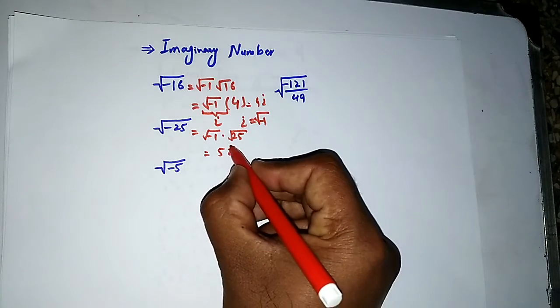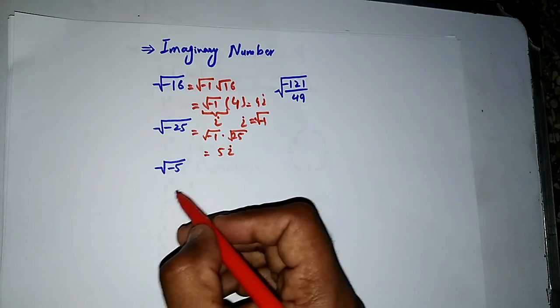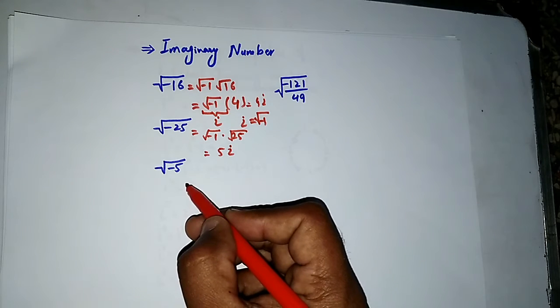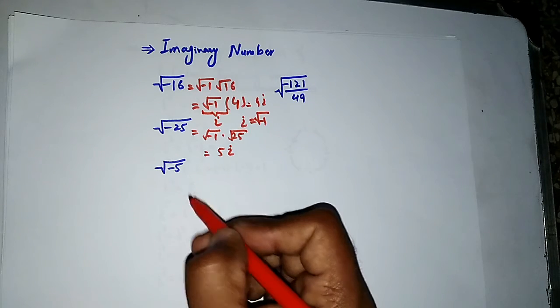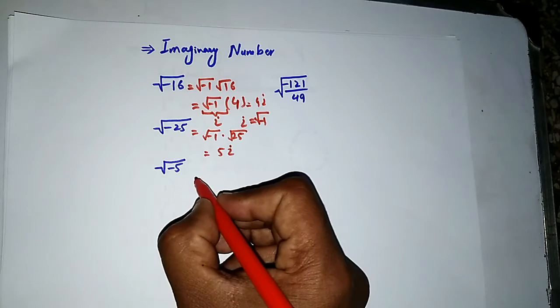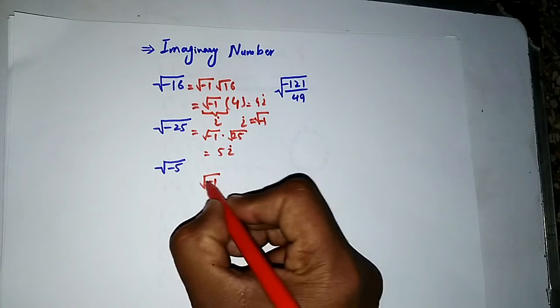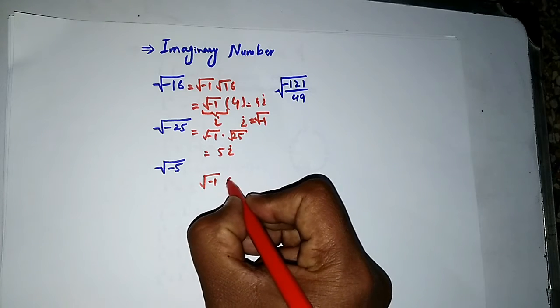Similarly, if we find a number which is not a perfect square, then we can also solve it with the help of an imaginary number. We can write it as square root of -1 and square root of 5.